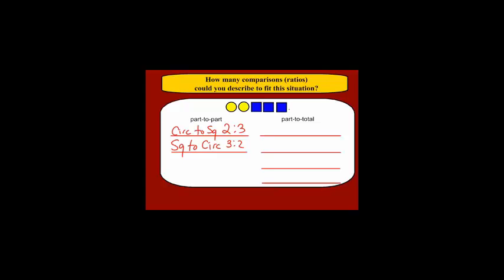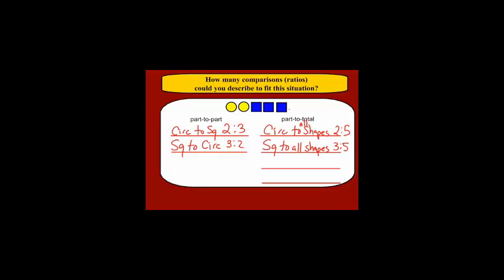Now we're going to write 4 part-to-total ratios. So the ratio of circles to shapes, and maybe I'll even say all shapes. Circles to all shapes. So circles, there are 2, to all shapes, there are 5 total shapes. We could also do squares to all shapes. So that would be 3 to 5.